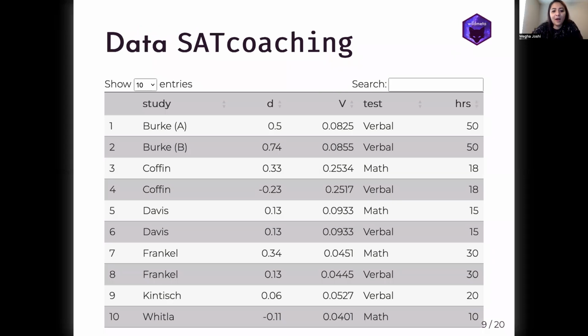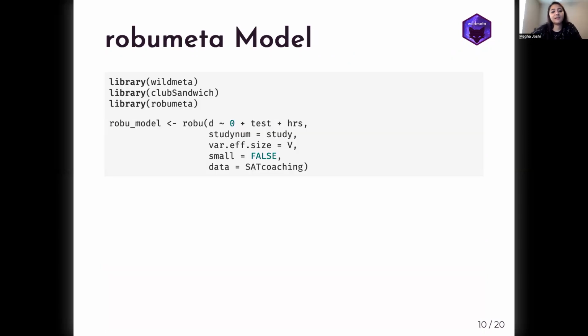And now I'm going to demonstrate how to use the function with this example data set that I went over before, the SAT coaching data set with dependent effect sizes for math and verbal sections of SAT tests. So first, I fit a meta-regression model using the robumeta package. Here I fit a meta-regression model with zero intercept and with the test and hours as moderators.